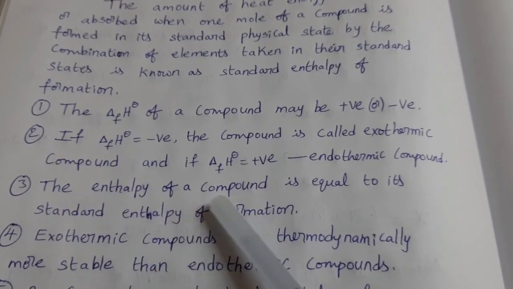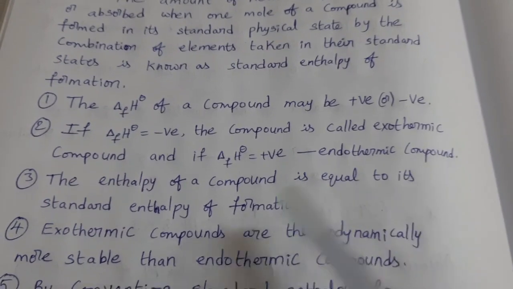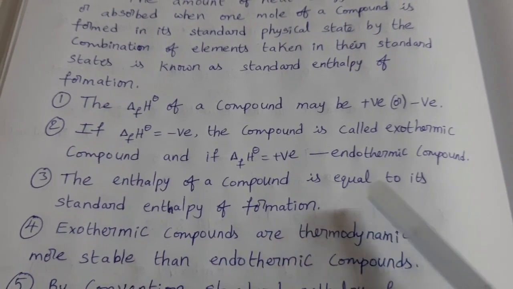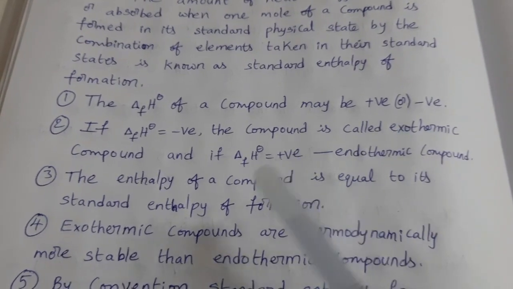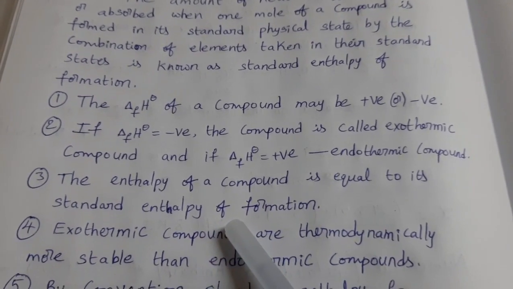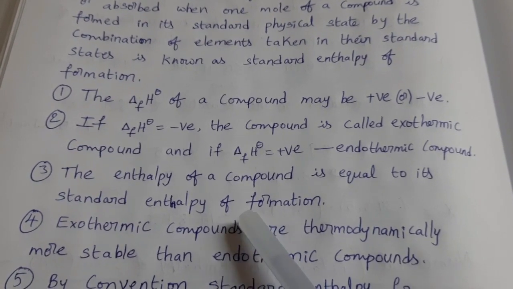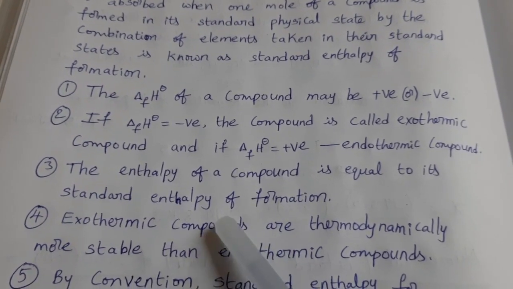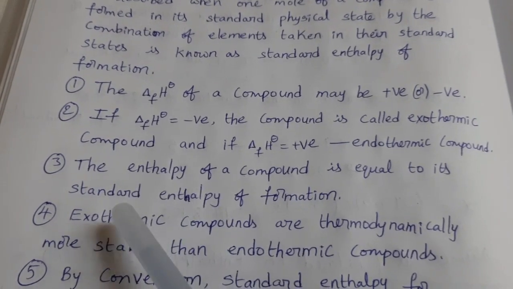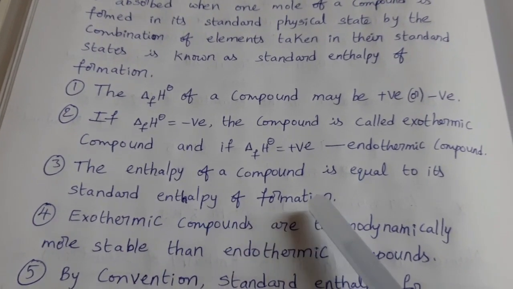The enthalpy of a compound is equal to its standard enthalpy of formation. So when 1 mole of compound is formed, that is called enthalpy of compound. When the compound is present in its standard state and formed from its elements which are in their standard state, that is called standard enthalpy of formation.